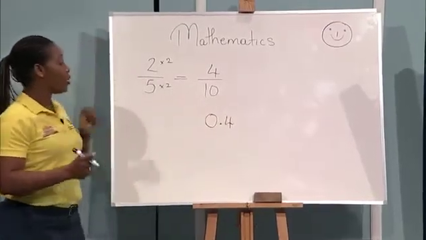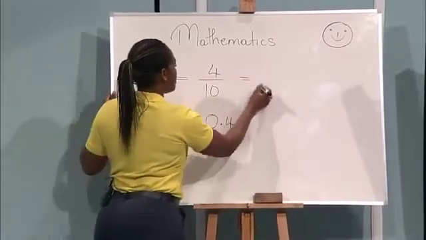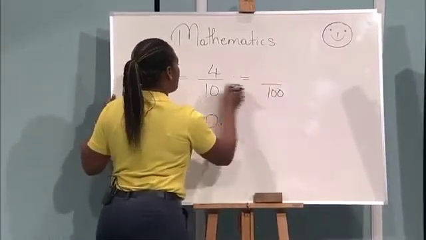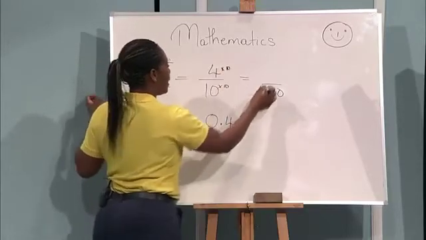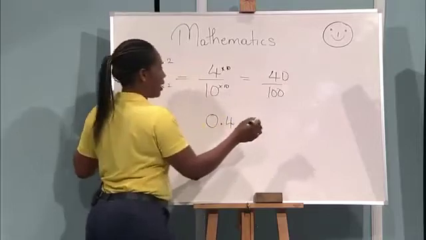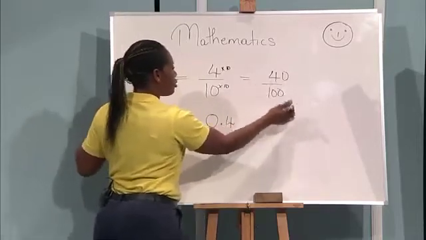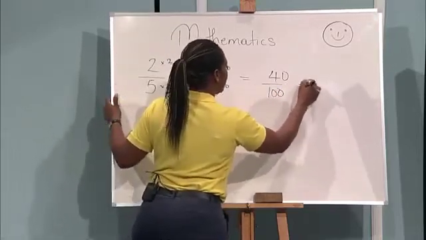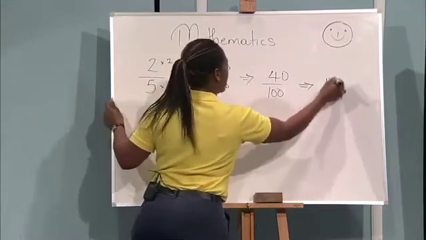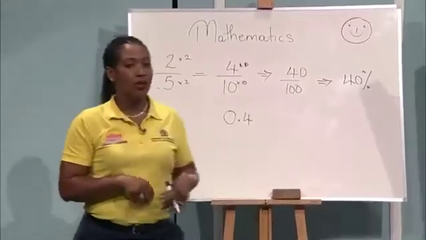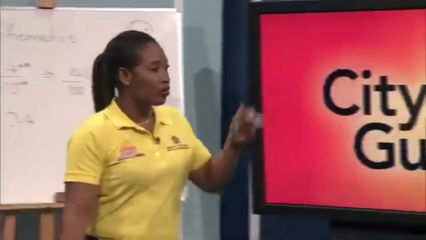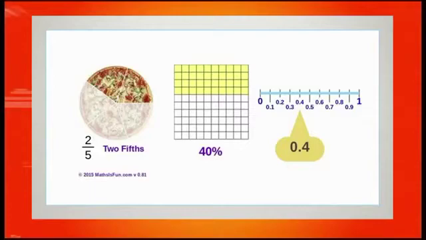Now what if I want it out of 100? What can I do to 10 to make it 100? I multiply it by 10. If I multiply both numerator and denominator by 10, I get 40. And if it's out of 100, this simply means 40%. And that's pretty much how you would work through fractions to percentages to decimals.